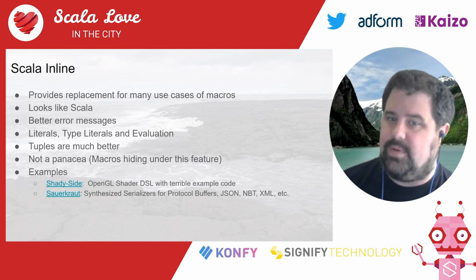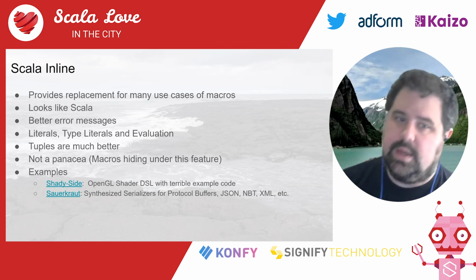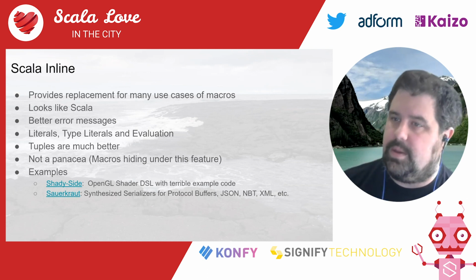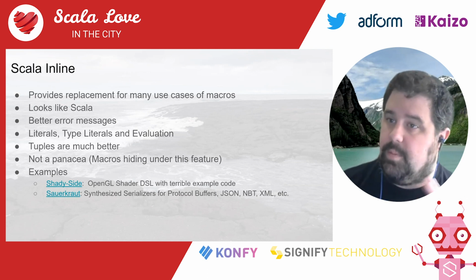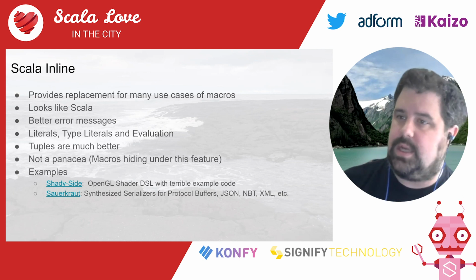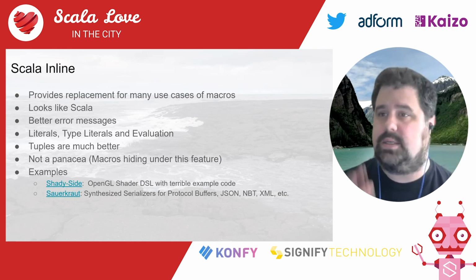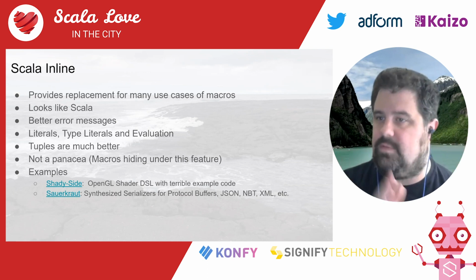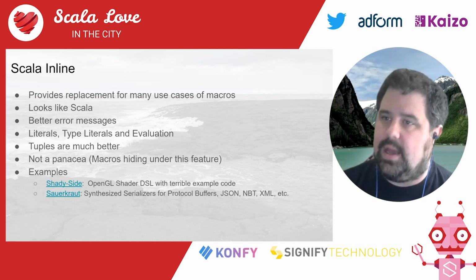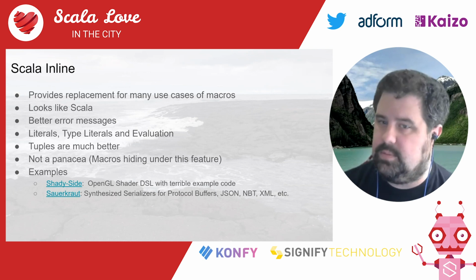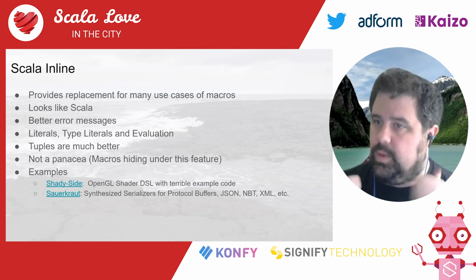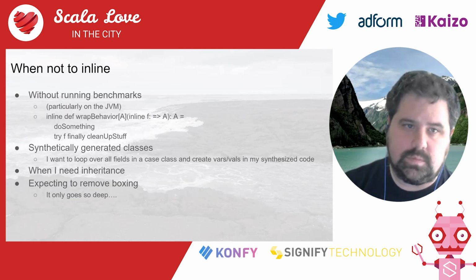It's not like everything's magically better. There's still macros hiding under here. There's still some complexity. There's still a little bit of the compiler showing. But for the most part, as I've been using Scala Inline from at least Scala days until now, the improvements every release have been dramatic. And more I can ignore changes in the compiler, which is cool. So I think we're actually in a really good spot for the 3.0.